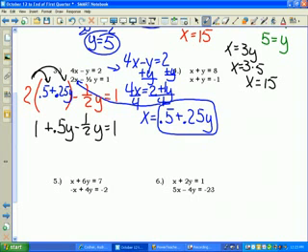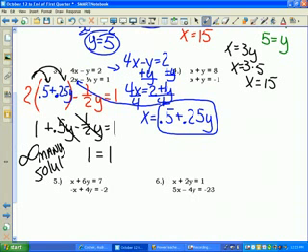So if I have one that's positive and one that's negative, they automatically equal 0, which leaves me 1 equals 1. So since 1 can equal 1, that's telling me that I have infinitely many solutions.